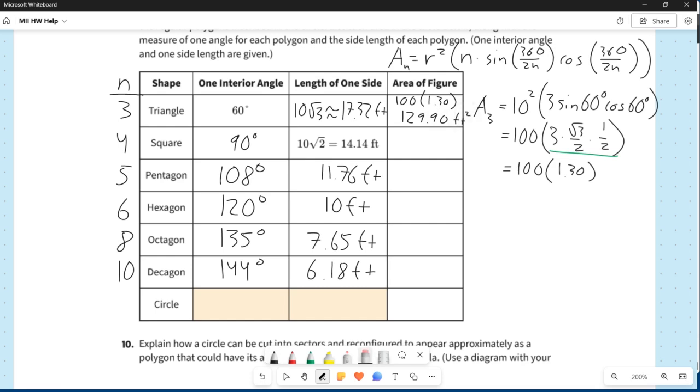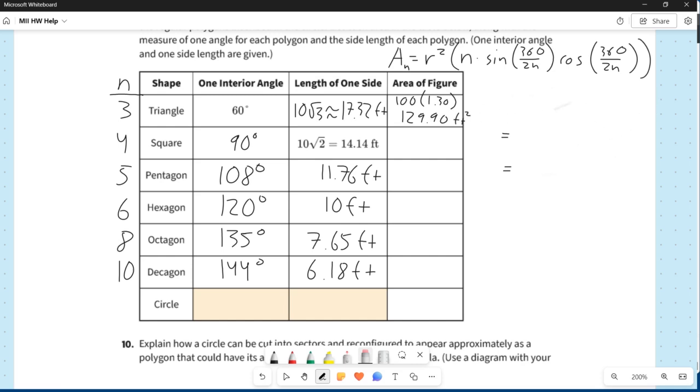We'll do the same thing with the square, so we want A sub 4. That's going to be 10 squared times 4, since now our n value is 4. And we want the sine of, if n is 4, 2 times 4 is 8, and 360 divided by 8 is 45, and then the cosine of 45.